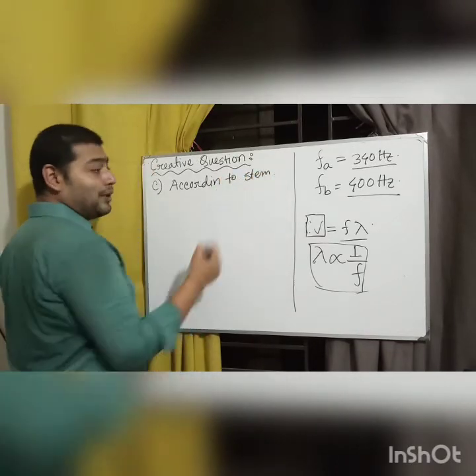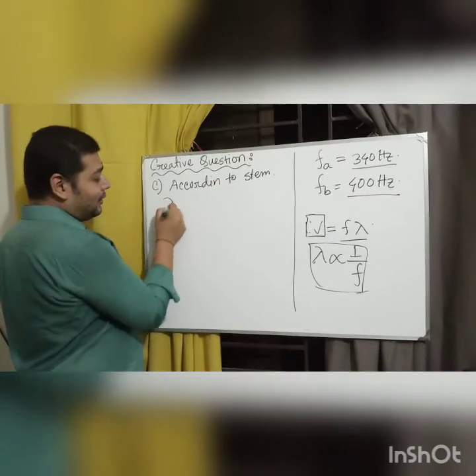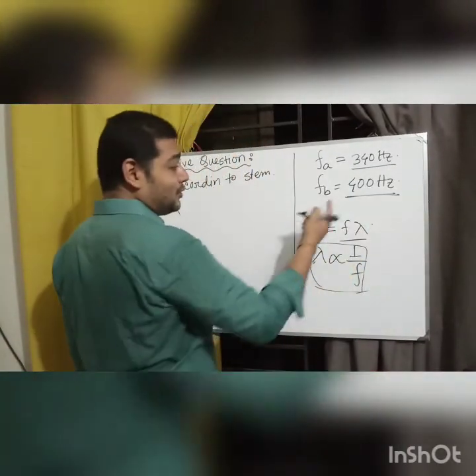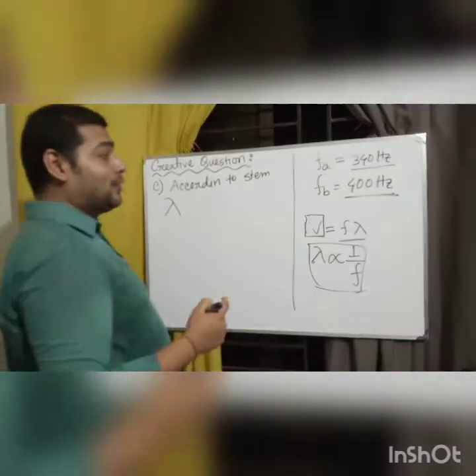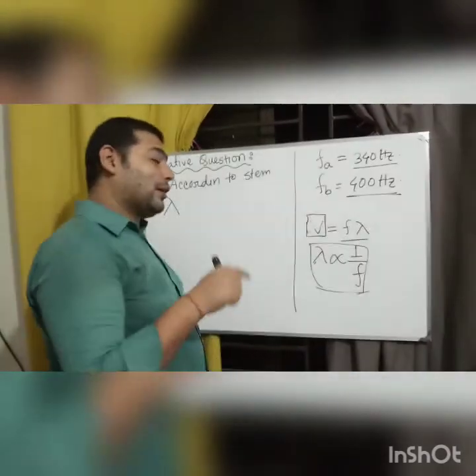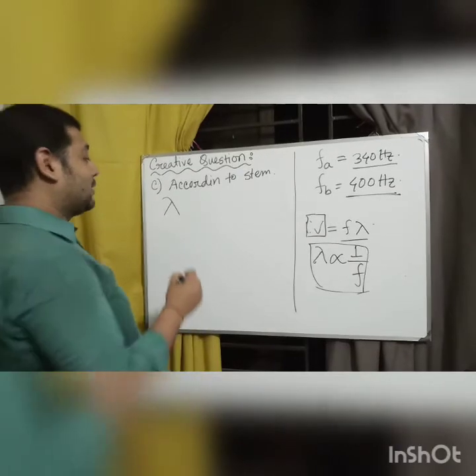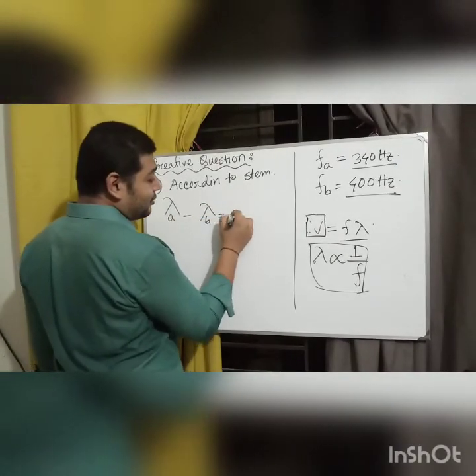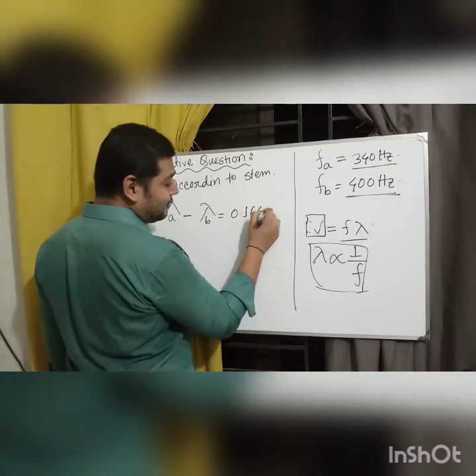Here 400 is greater, so the frequency of wave B will be greater and its wavelength smaller. So lambda A minus lambda B equal to 0.165.